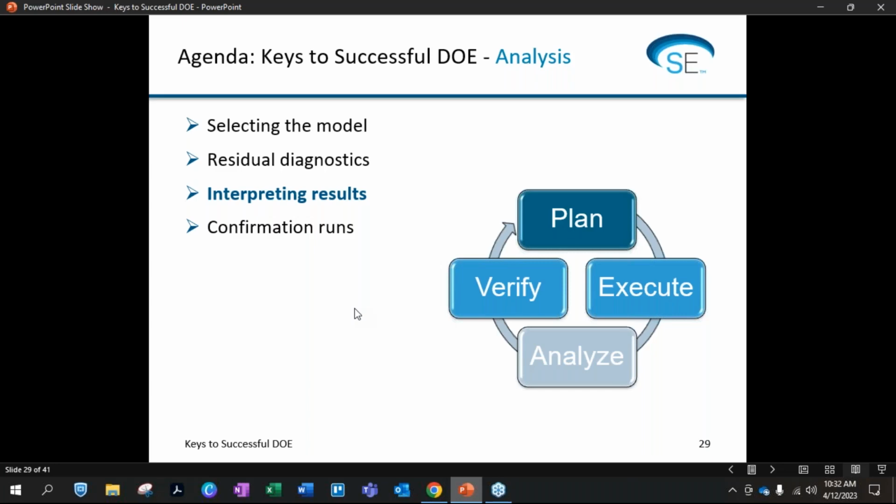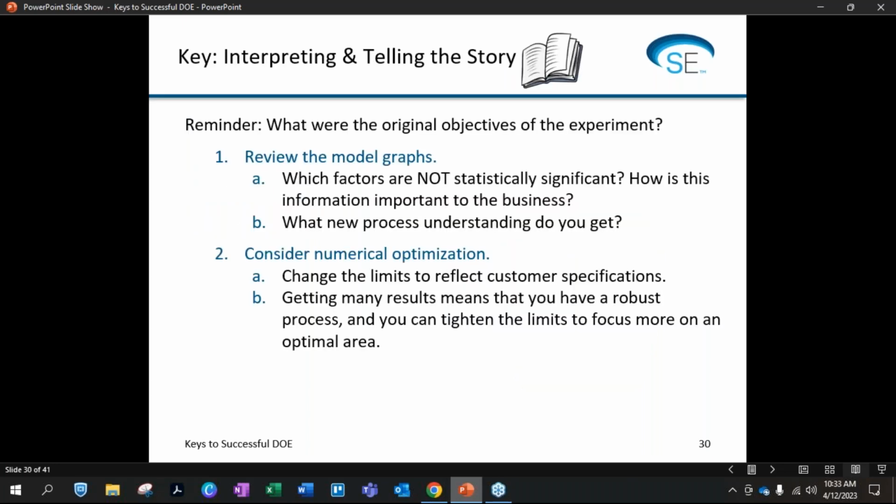Now, part of analysis is also interpreting the results. Keys to interpreting the results go back to asking, what were the original objectives of the experiment? You'll want to review the model graphs, looking at the interaction plot or the contour graph or the 3D, there are a lot of different graphs.